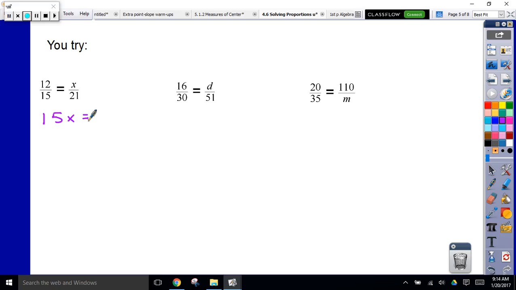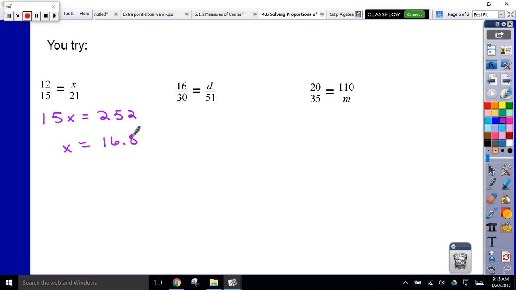You don't have to write 12 times 21. You could just write 252. And then you could just write x equals 16.8. So this is the minimal amount of work. Everyone should do at least this much. If you want to show the additional work just to keep it all straight in your head, you may. When we're multiplying the two numbers, does it matter which one goes in the calculator first? It doesn't matter. You can multiply either direction because of the commutative property.